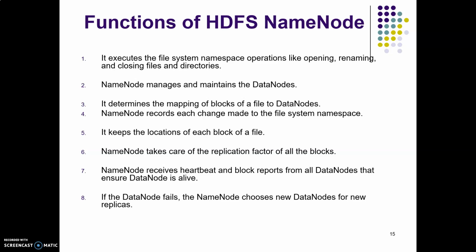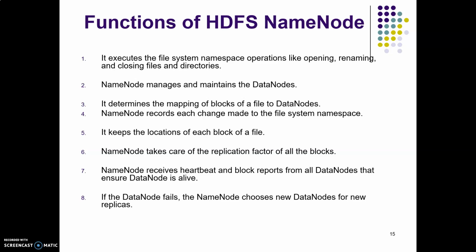Name node takes care of the replication factor of all the blocks. Like I have already said, whenever we are making use of the HDFS, there are many copies being maintained inside the cluster. So it takes care of how many replications must be done inside the cluster for a particular block. Name node receives heartbeat and block reports from all data nodes that ensure the data node is alive.